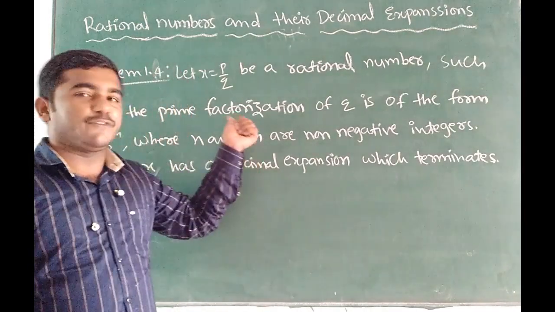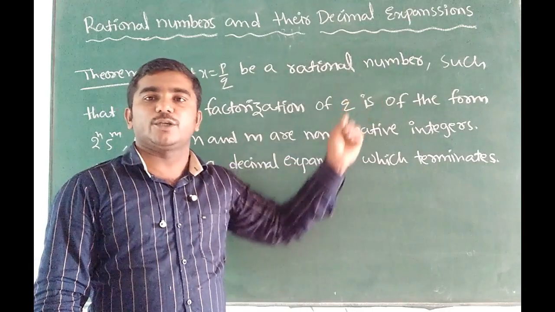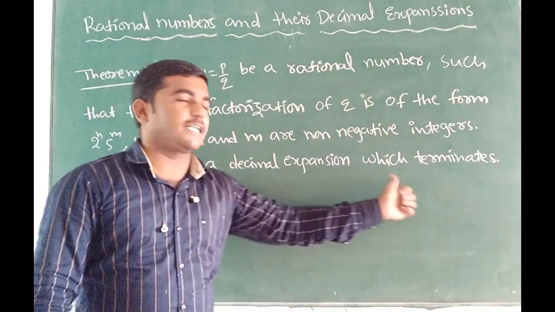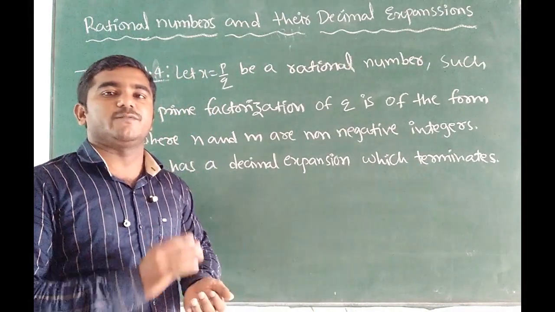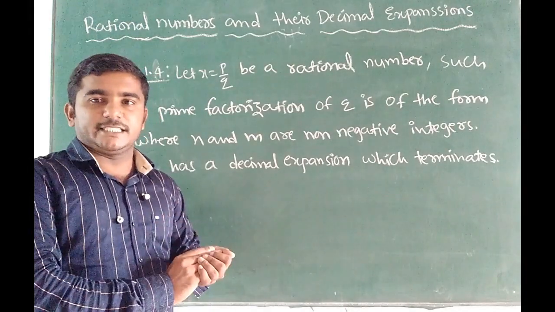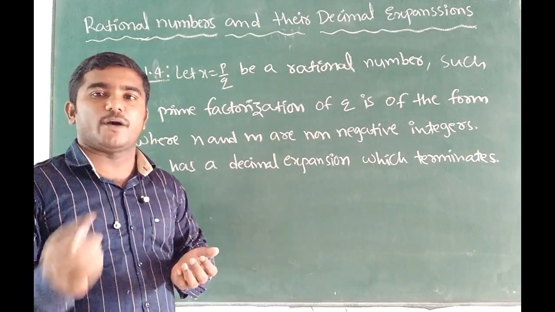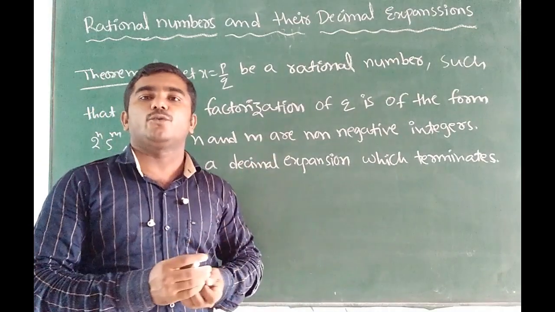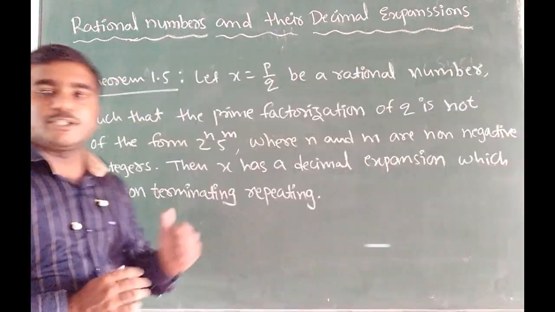But here, if q is in the form of 2 power n into 5 power m, then compulsorily the decimal expansion should terminate. Is it clear? This is theorem 1.3 and 1.4. Theorem 1.3: if it terminates, then q should be in the form of 2 power n into 5 power m. Theorem 1.4: if q is in the form of 2 power n into 5 power m, compulsorily it should terminate. Okay, now theorem 1.5.